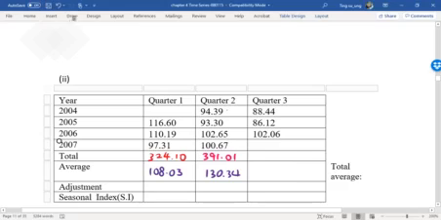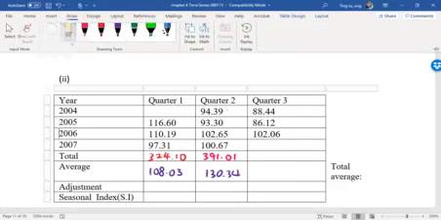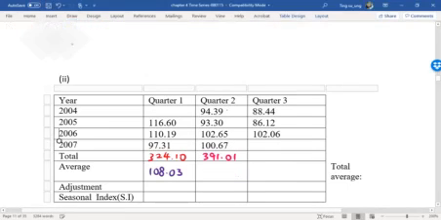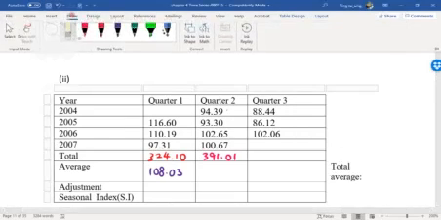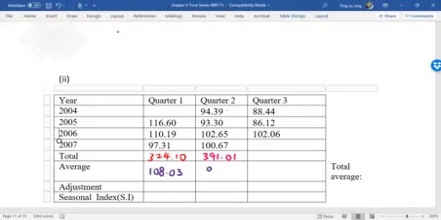See, that's why you must be careful. 391.01. You see, my brain and my hand are not working together, so divide by 4, because 4 items. Okay, so you have 97.75. So you write down 97.75.